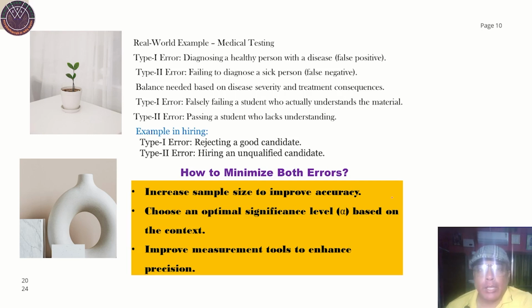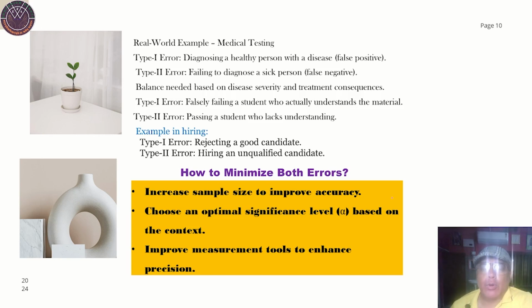Now the second case may also be there: a particular person who read the material but is not understanding the things. He should actually fail, but you passed him. That means maybe the test you conducted is quite easy, or you have reduced the beta level, and that's why you are committing type 2 error.